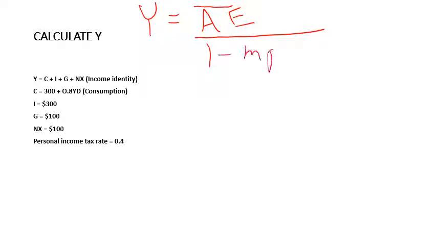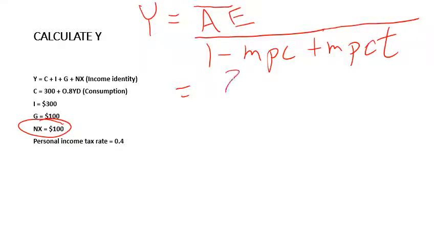Calculate Y. So once again, we start with the model equation. The model equation is formulated this way: autonomous aggregate expenditures divided by 1 minus MPC plus MPC times T. Again, autonomous aggregate expenditures are autonomous C, autonomous I, autonomous G, autonomous X, or NX in this case, right?